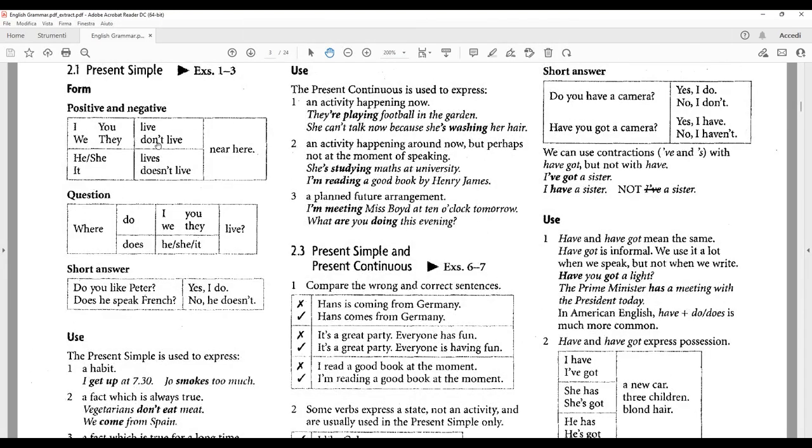Quindi I don't live near here. Non vivo qui vicino. Where do you live? Dove vivi? Where do you live? Quindi usiamo il do al presente, il do o il does.